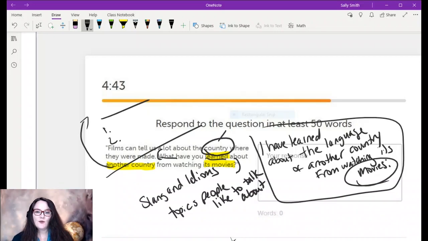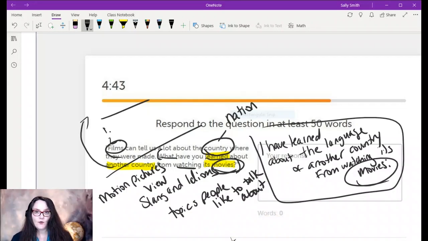So maybe another word for country could be nation. Films, movies. What is another word for films or movies? Motion pictures. Another word for to watch something. You could say to view something.